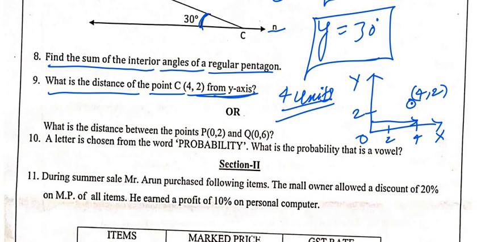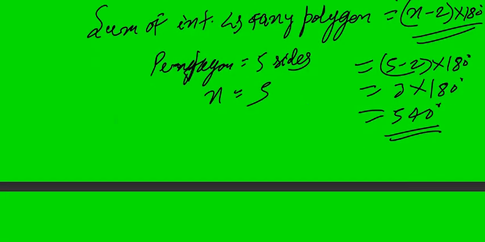The next question is: what is the distance between points P(0, 2) and Q(0, 6)? This is a very simple question. If you draw it, see, it is already given. The points are (0, 2) and (0, 6). If I take 1, 2, 3, 4, 5, 6, on the y-axis the value of x is 0, on the x-axis the value of y is 0.